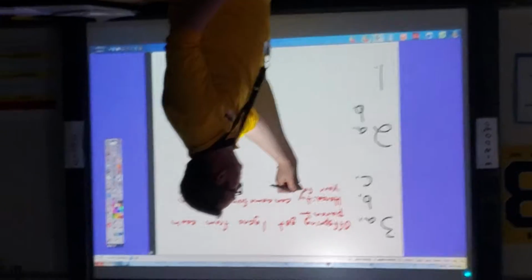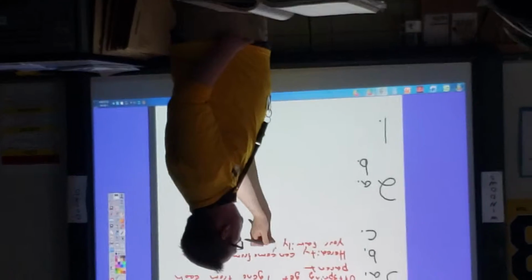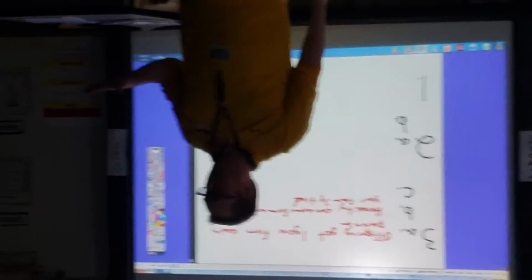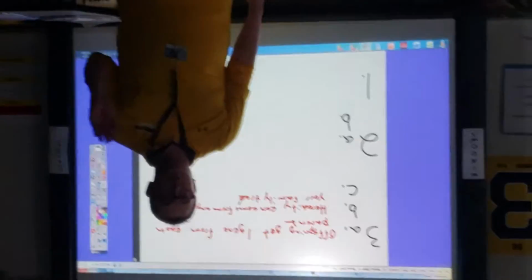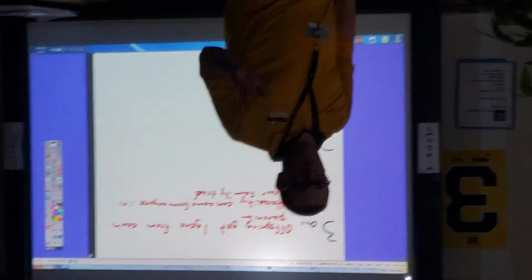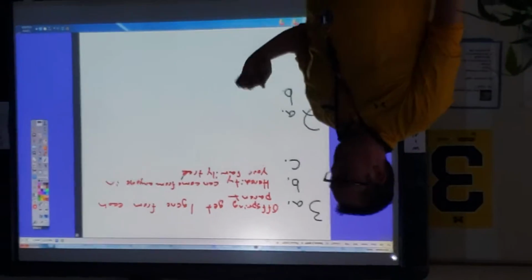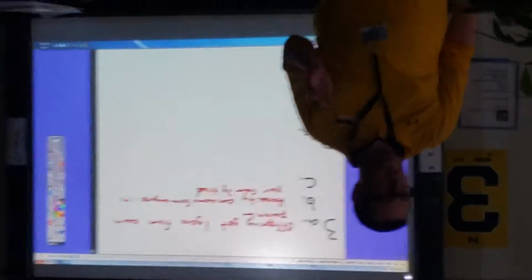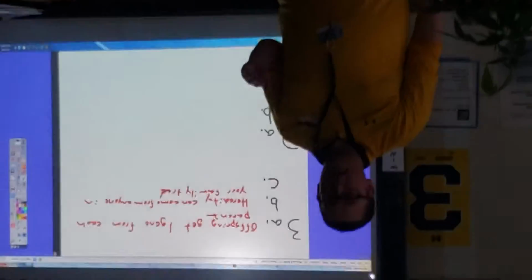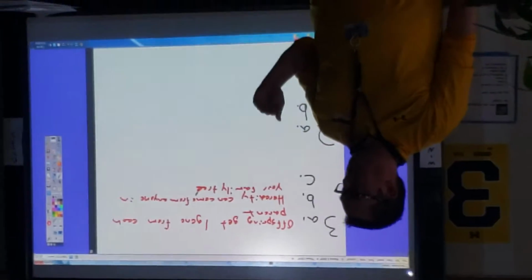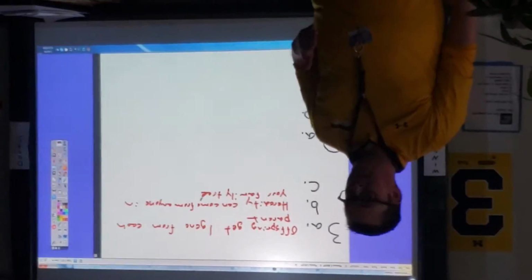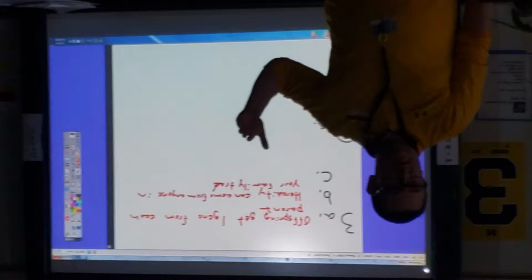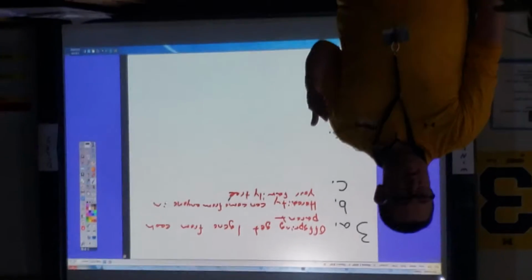So, one trait that Mrs. Peterson and I learned is that having twins is a trait that is passed down from generation to generation. But just because your parents have twins doesn't mean that you're going to have twins. It could come anywhere in your family.